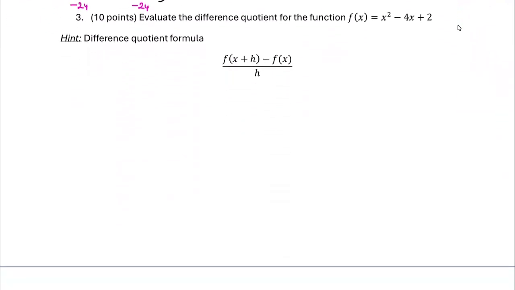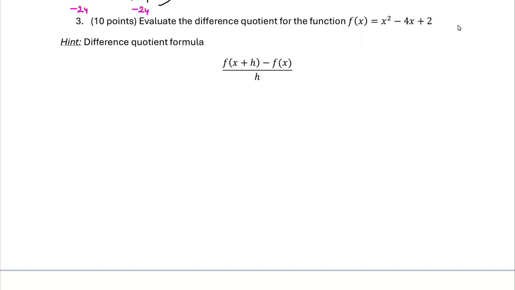Number 3, evaluate the difference quotient. So I gave you the formula already. You don't have to memorize it. What I need to do right now is find out what f of x plus h is. Okay, they have f of x here.